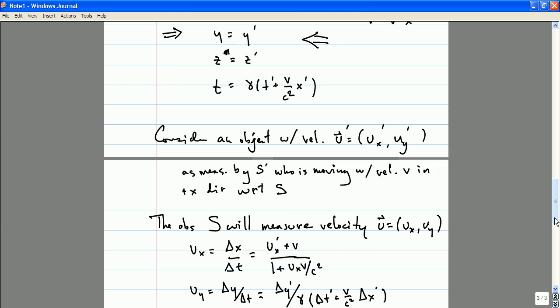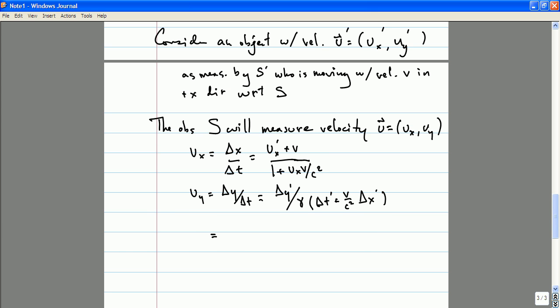Or dividing the numerator and denominator both by delta t prime, that's u sub y prime divided by gamma times 1 plus u sub x prime v over c squared.